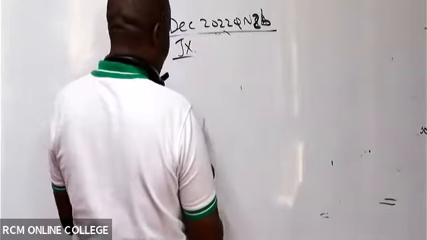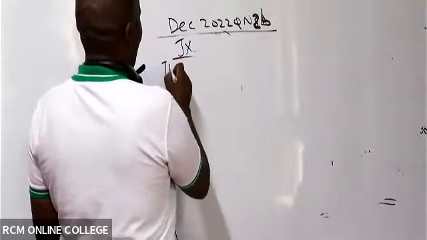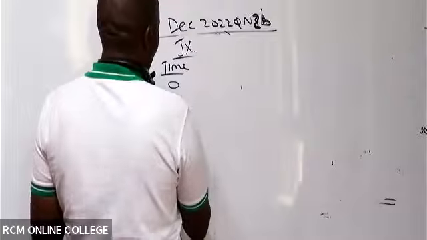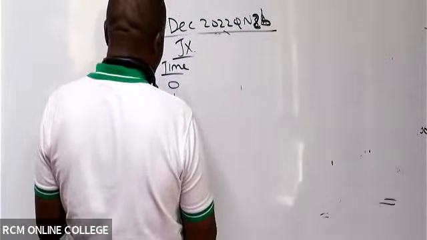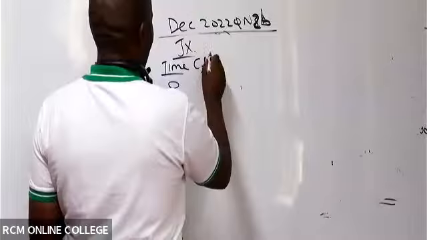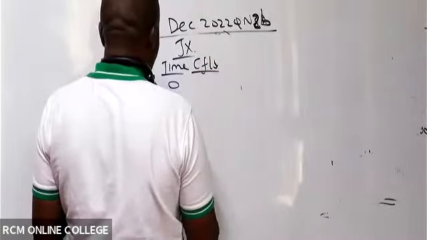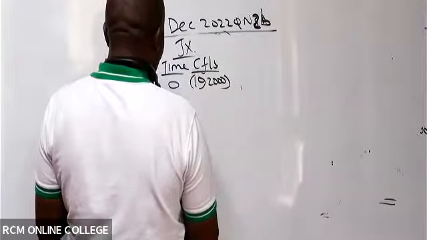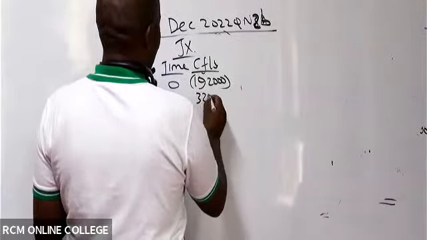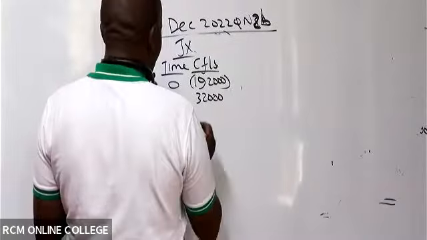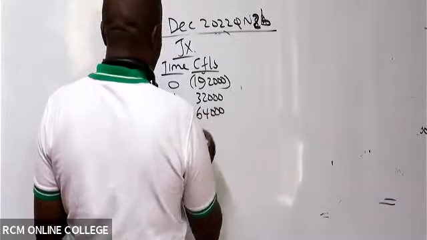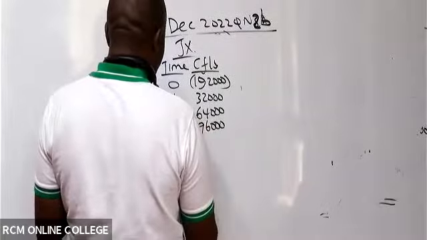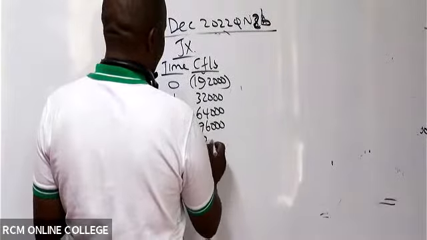The time is 0, 1, 2, 3, 4. Then the cash flows: negative 192,000, then 32,000, 64,000, 96,000, 128,000.